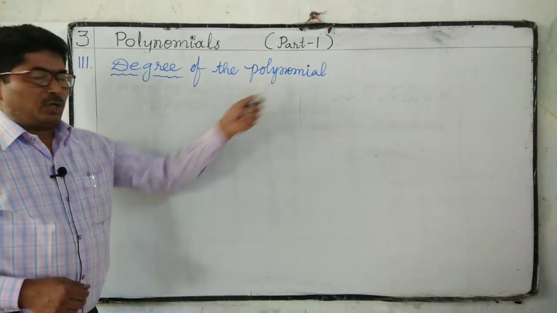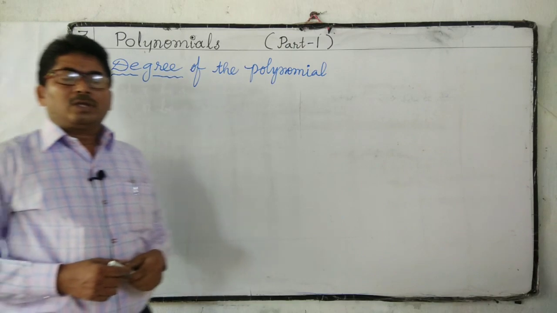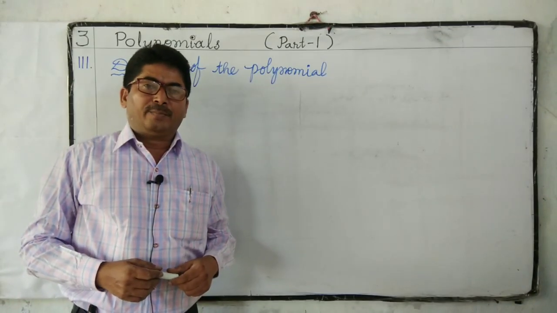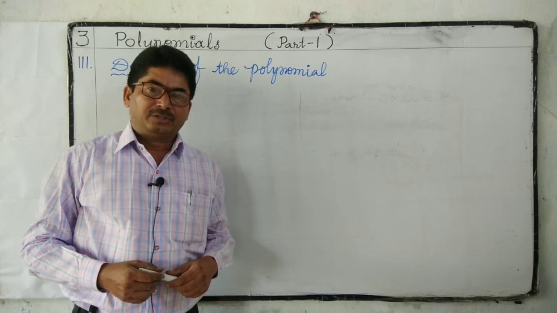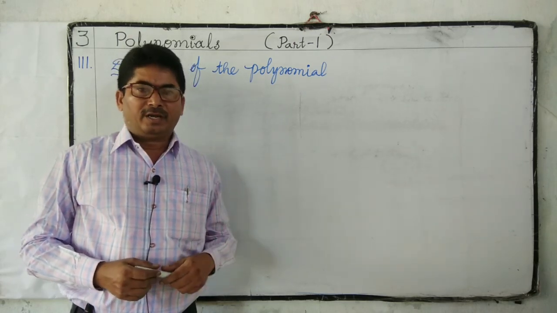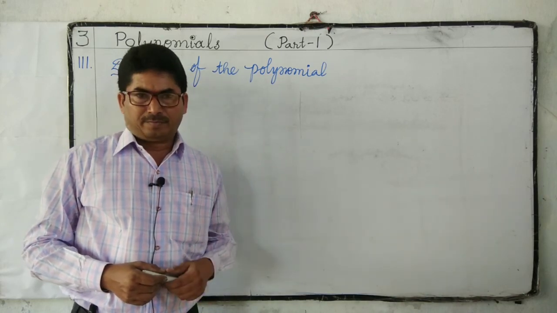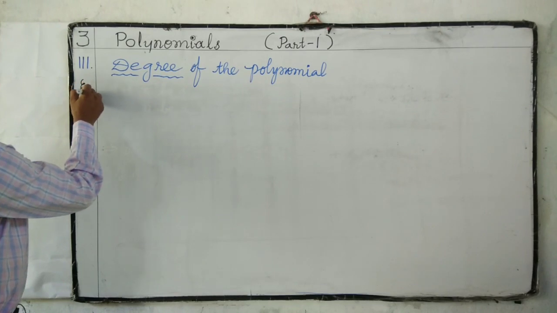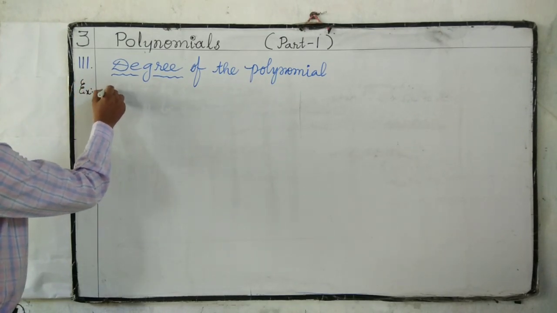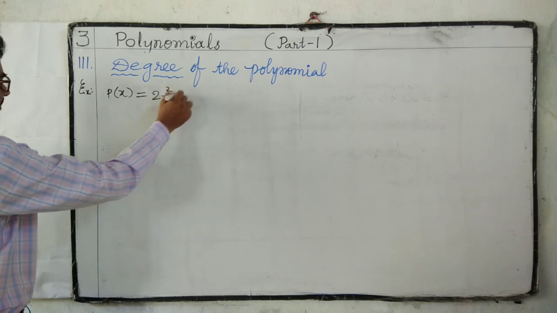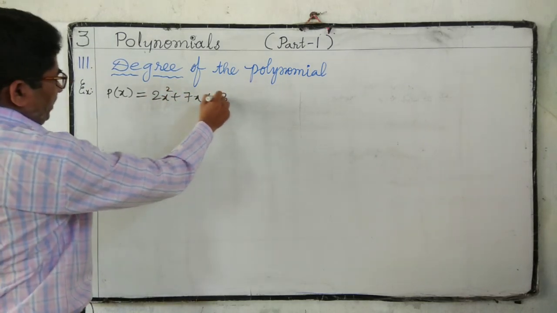Degree of the polynomial. The highest power of x in a polynomial p of x is called the degree of the polynomial, the highest power. For example, p of x is equal to 2x square plus 7x plus 3.